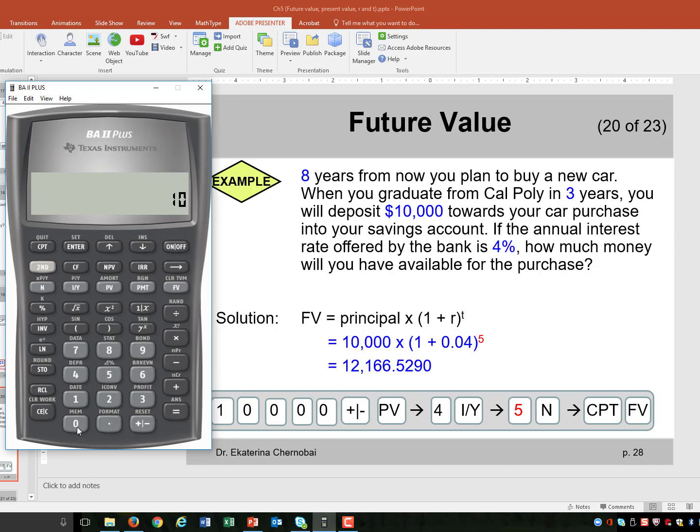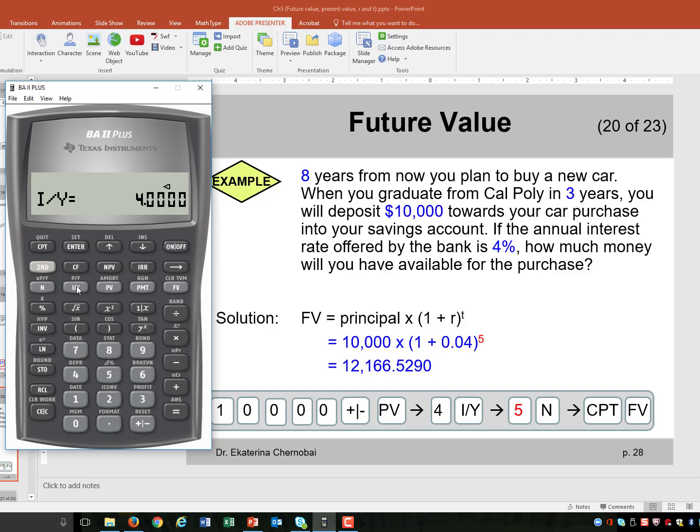We are depositing $10,000, so I put 10,000, I change the sign to negative, and then I hit PV for present value. The money will be growing at 4% per year. I press 4 IY, interest per year.